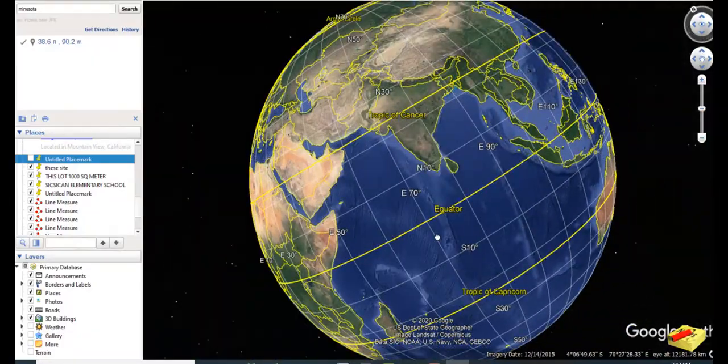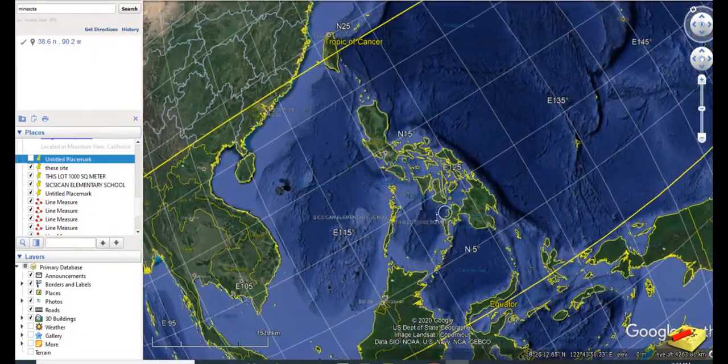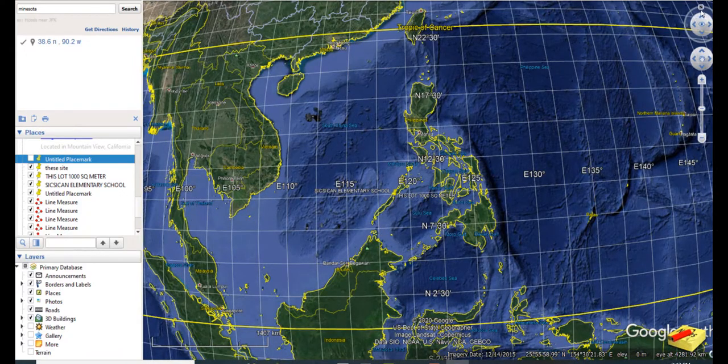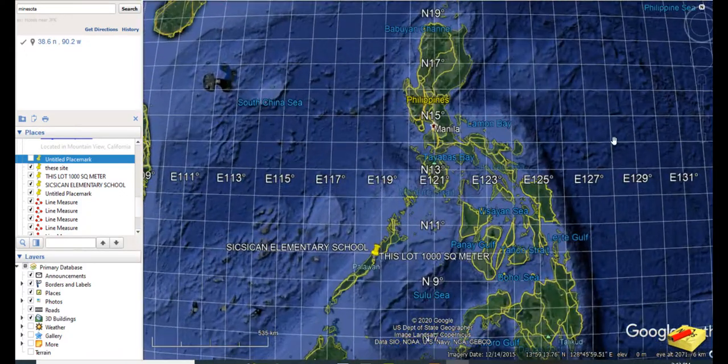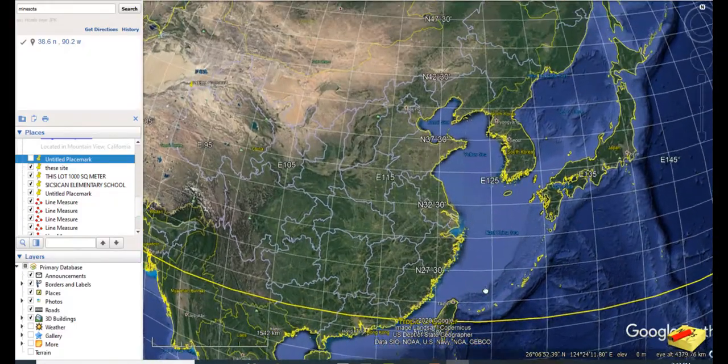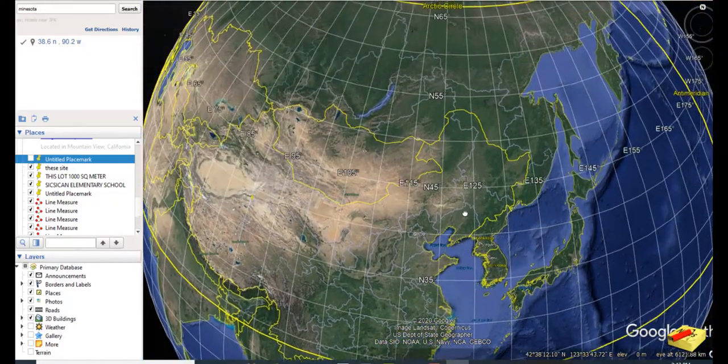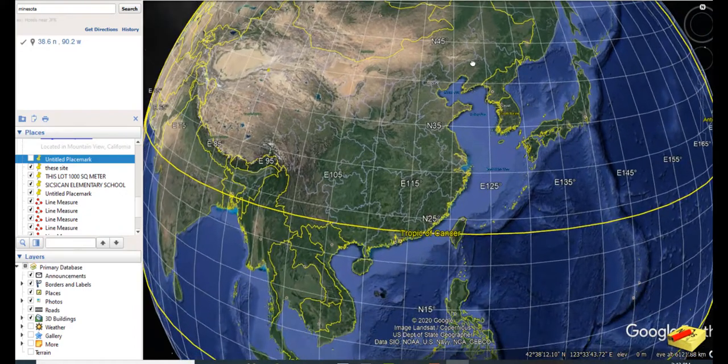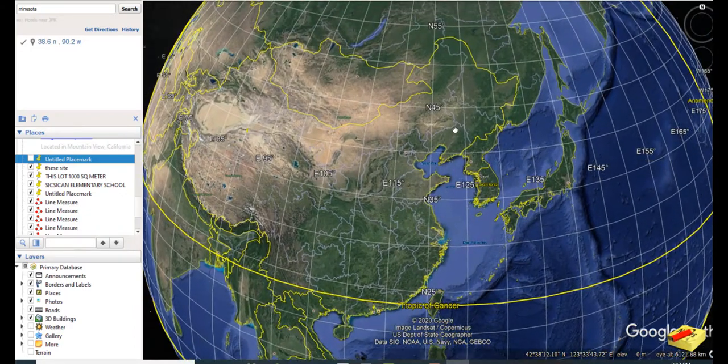So dito tayo. It only covers part of the US, so all of this, the data is lacking.